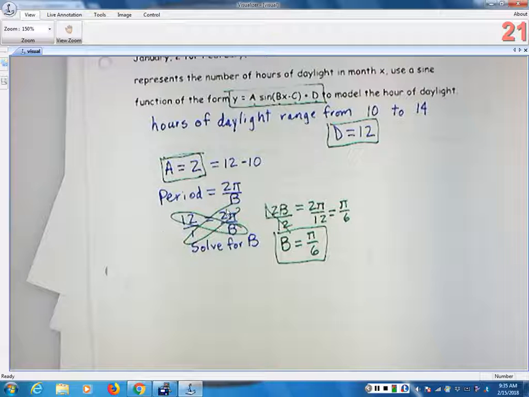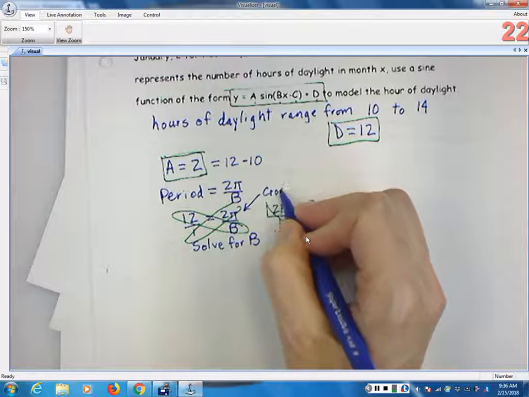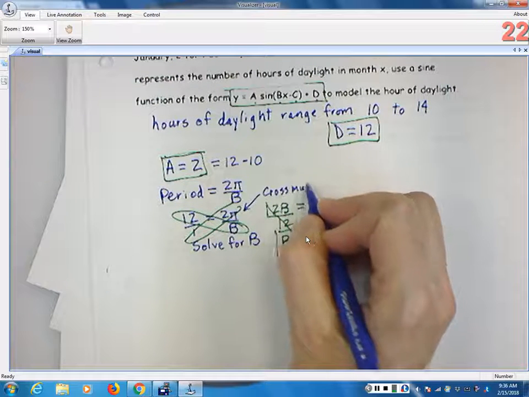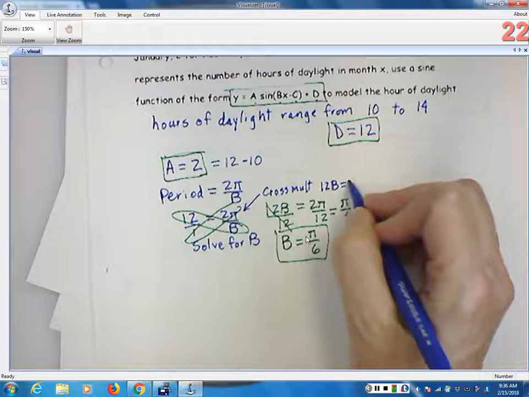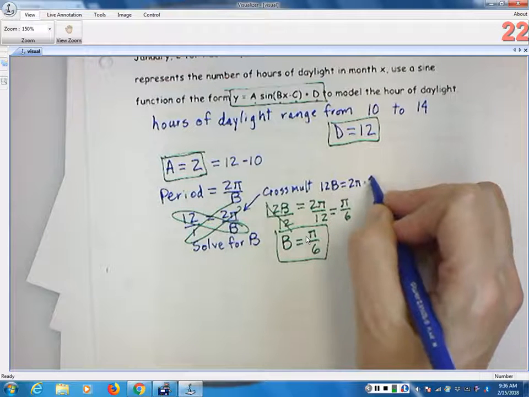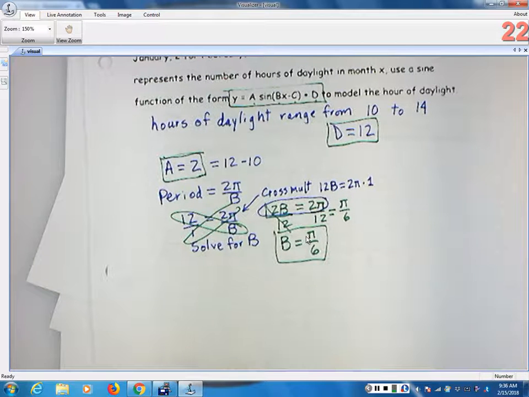You're welcome. So you didn't see where the 2 pi came from. We cross multiplied over here, and it's 12b equals 2 pi times 1, and that's where I got this. If you missed that step, then somebody else did too.